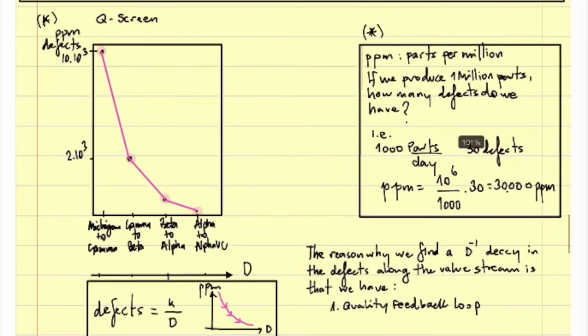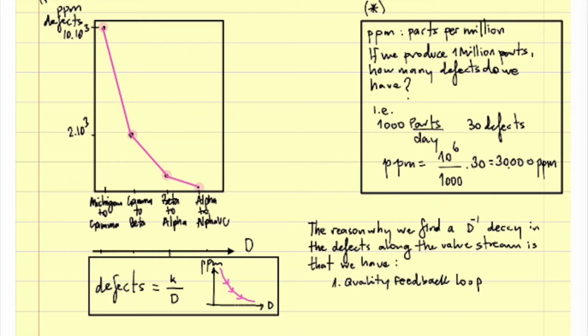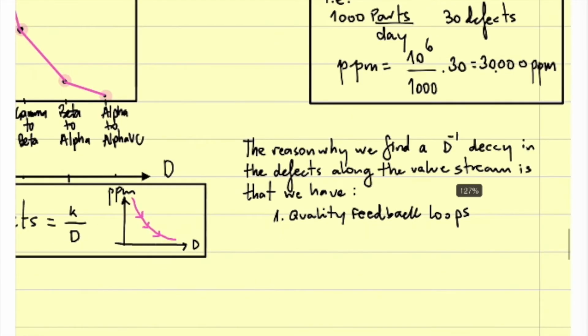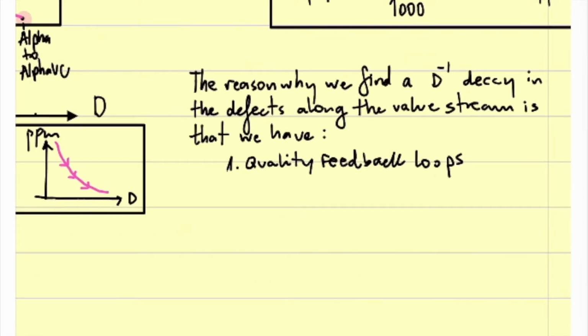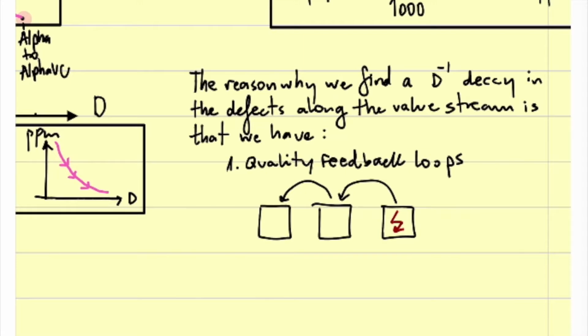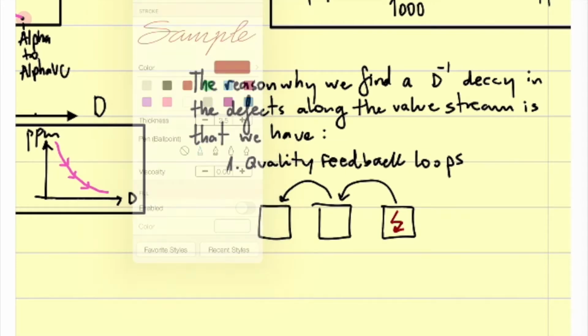Okay, quality feedback loops, which are nothing less than a quality management information flow. So whenever I find a mistake in the process, I tell my supplier, hey, I have a problem, please fix it. And this goes along the value stream.